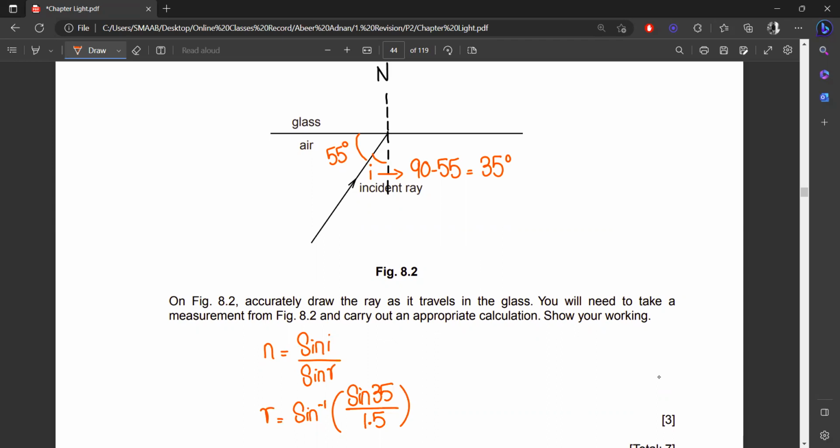That gives 22.4. So 22.4 degrees is the angle of refraction, right?